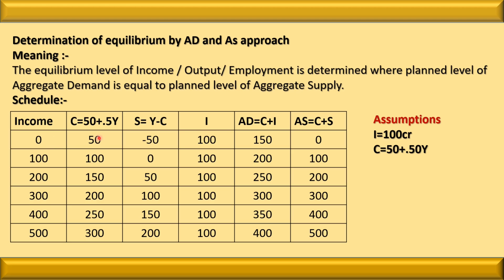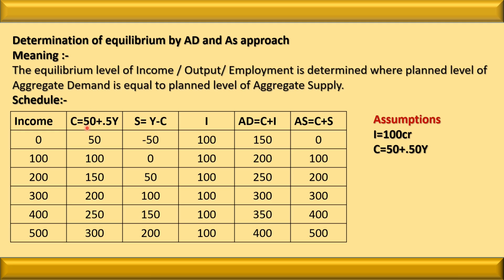Here we presumed that the autonomous investment is 100 crore. In the previous chapter we know that consumption means autonomous consumption plus induced consumption. Autonomous consumption is the consumption which remains constant irrespective of disposable income.